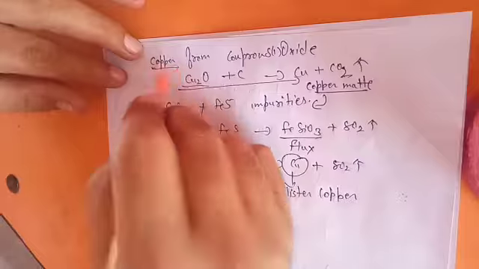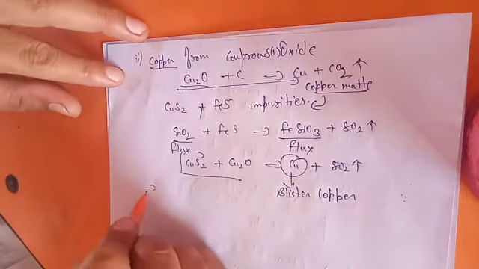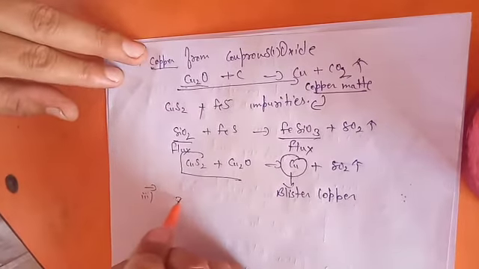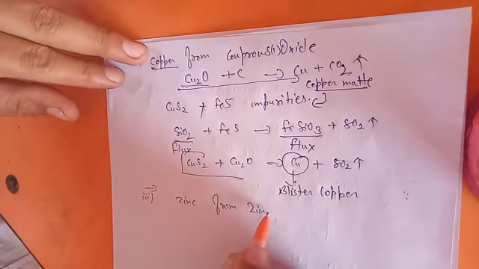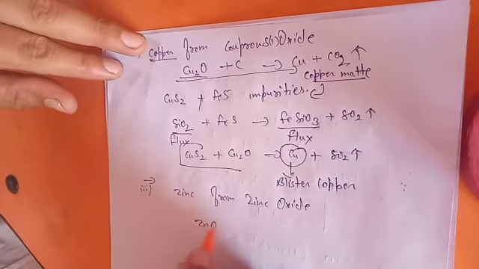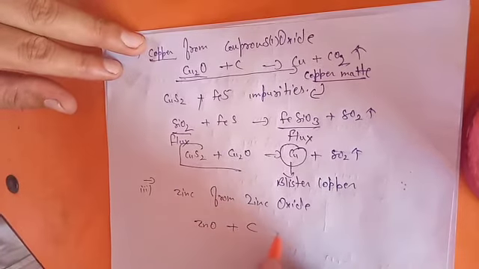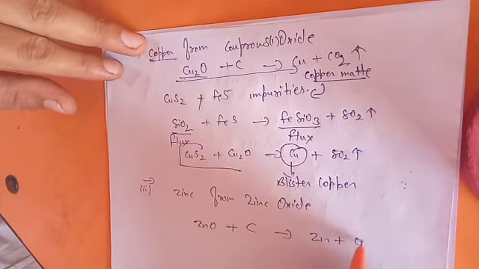Now we will talk about the third one, that is zinc from zinc oxide. For zinc oxide also we use the Ellingham diagram, and we see that carbon reduces zinc as well.